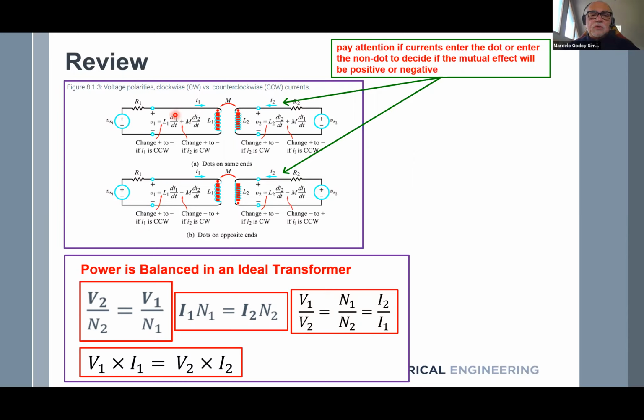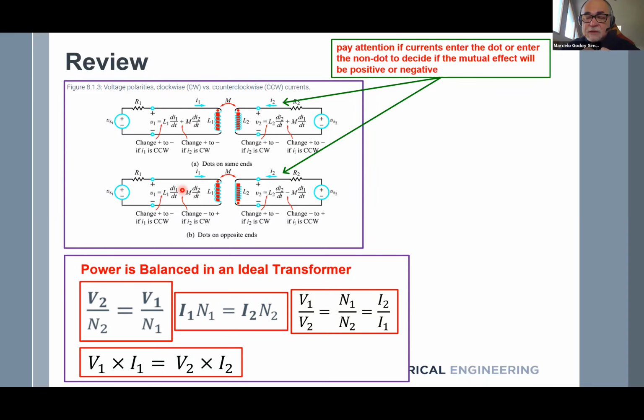So the total voltage in your KVL analysis, if you just use KVL on a mesh here, you start with minus V1, R1, and then you have a voltage across the inductance, which is L1 dI1/dt. However, we have an effect that comes from the other side, and in this case, you see there is a plus for the mutual inductance multiplied by the variation of current on the other side. Here it's a plus, and this is a minus. We discussed this last class.